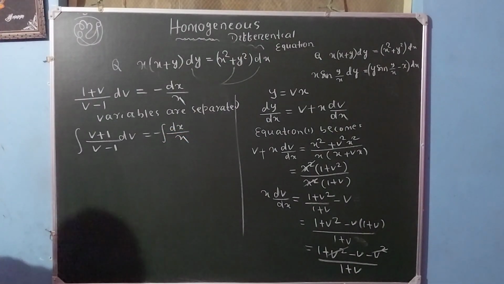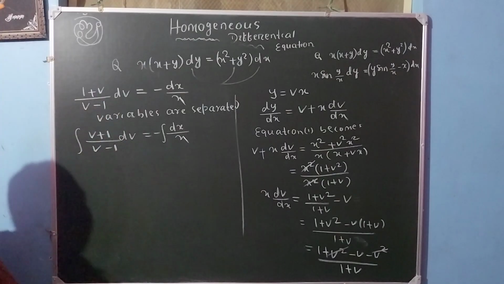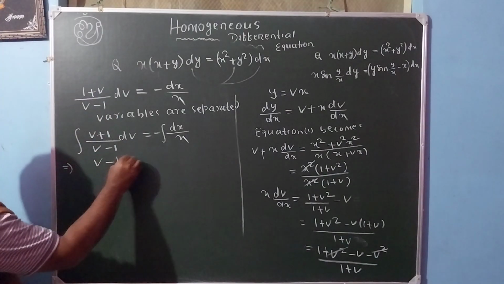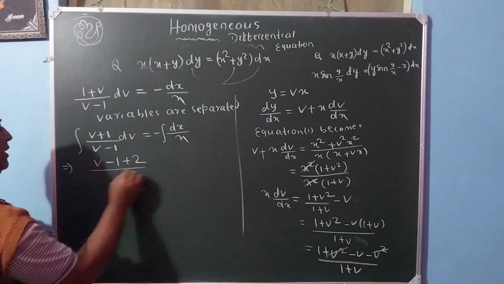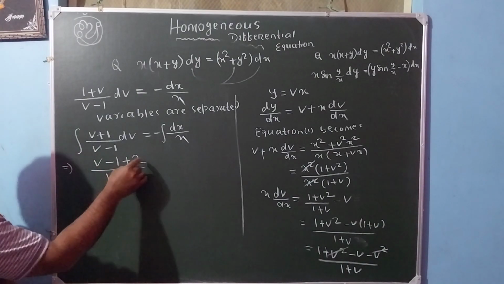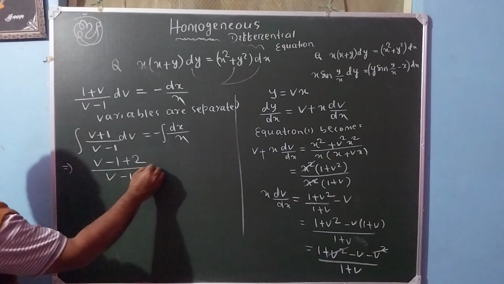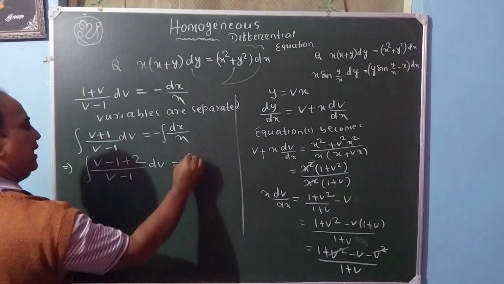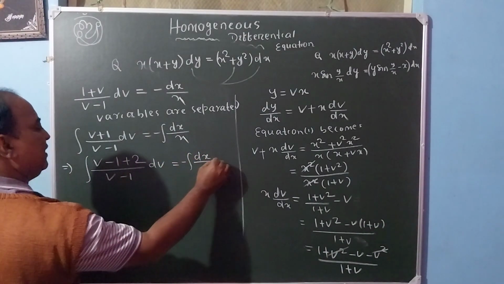Now how can you integrate this type of integral? We get, here it is (v minus 1) plus 2, divided by (v minus 1), that is 1 plus 2 by (v minus 1) dv, is equal to minus dx by x.